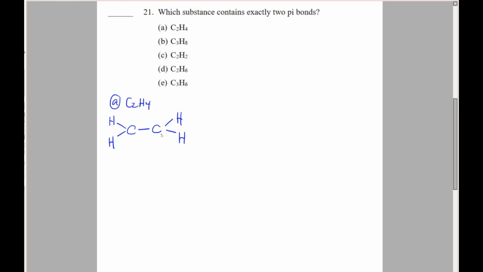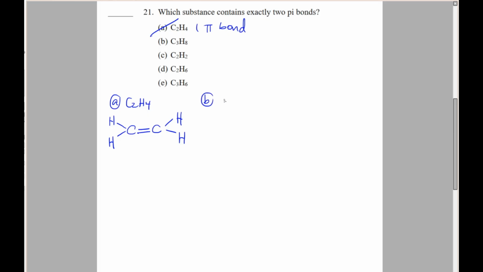And the only way to do that is by adding another bond to this carbon-carbon bond, because we can't add a double bond anywhere else, since hydrogen can only form a maximum of 1 bond. So this is going to be our Lewis structure for C2H4. And as you can see, it only has 1 pi bond, so this cannot be our answer.